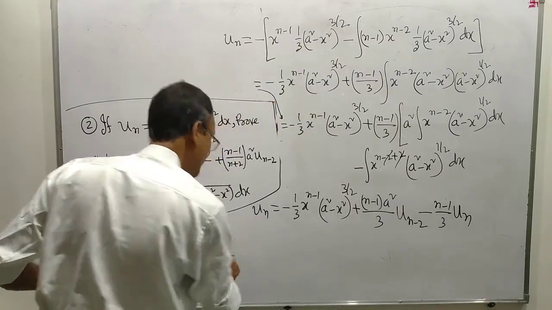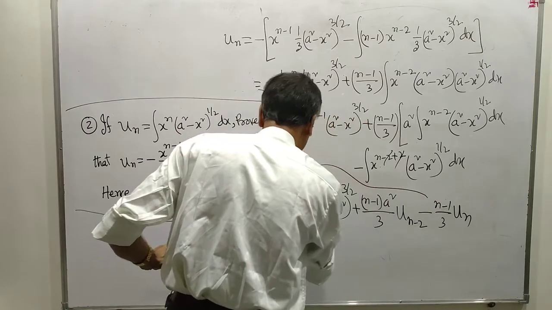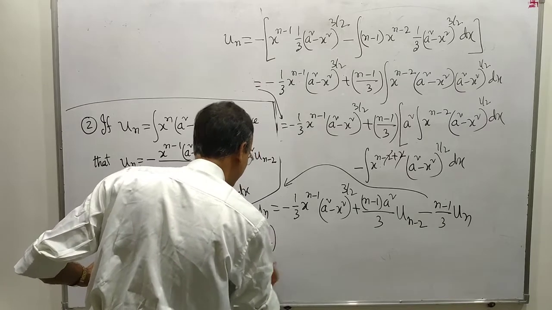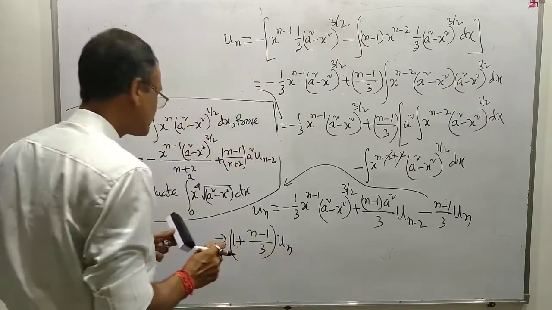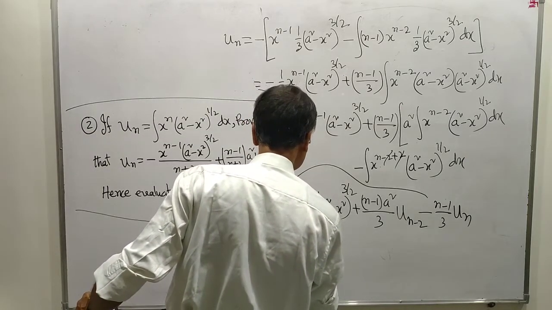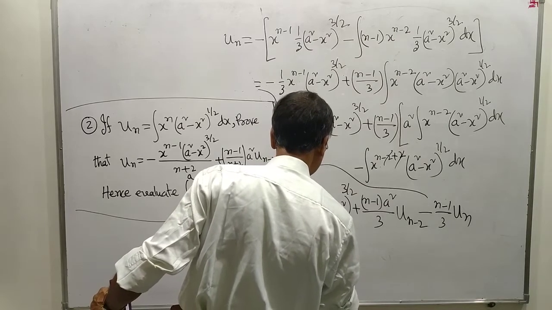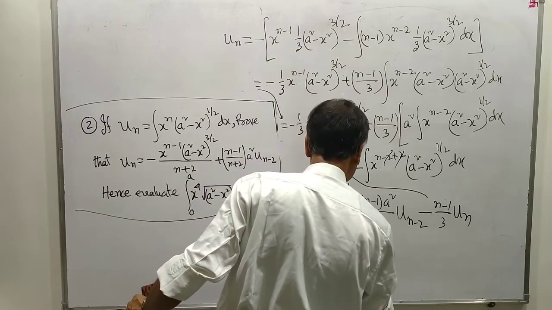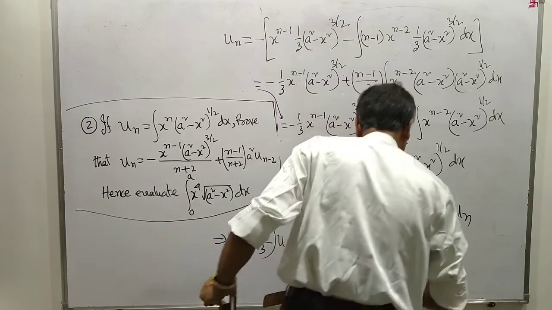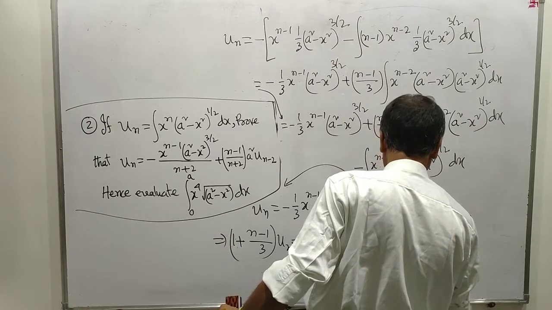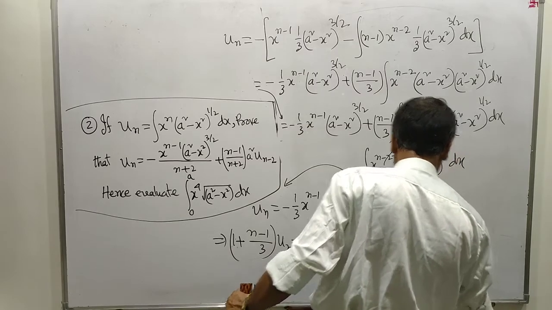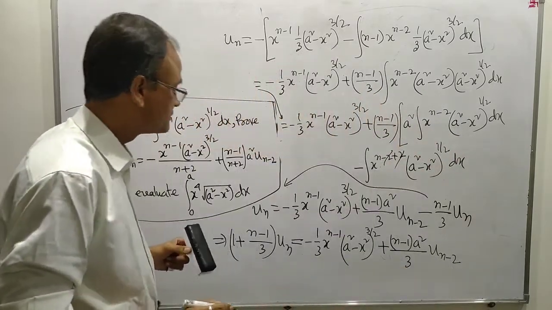This means take the term un to the left hand side. 1 plus (n minus 1) divided by 3 un is equal to minus 1 by 3 x to the power n minus 1 (a square minus x square) whole to the power 3 by 2 plus (n minus 1) a square divided by 3 un minus 2.